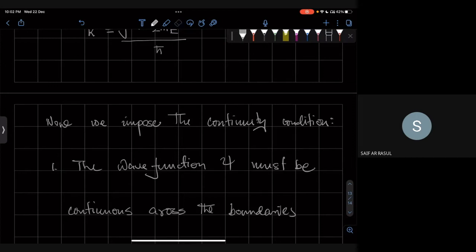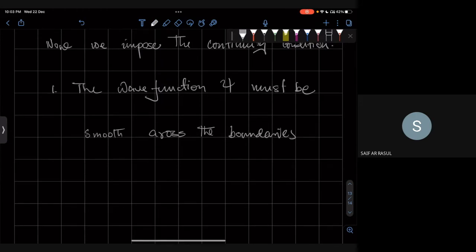A better word to use here would be smooth. And the other one is that psi prime is also continuous across the boundaries. Okay?